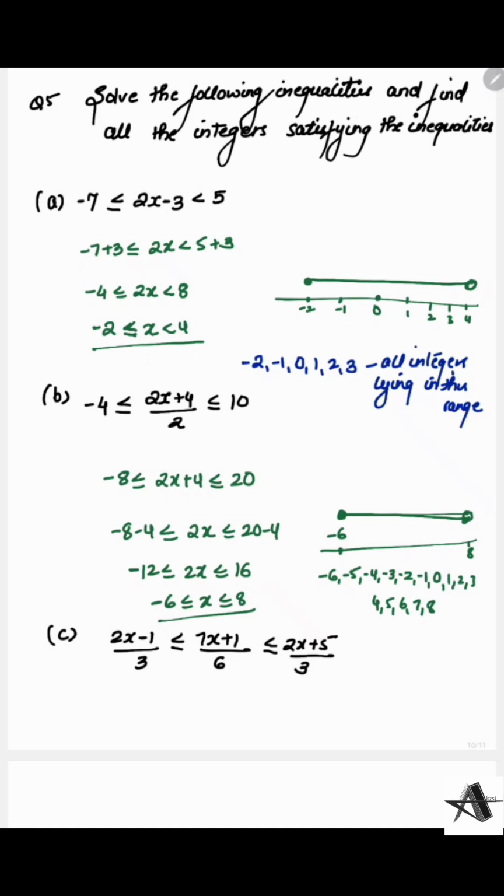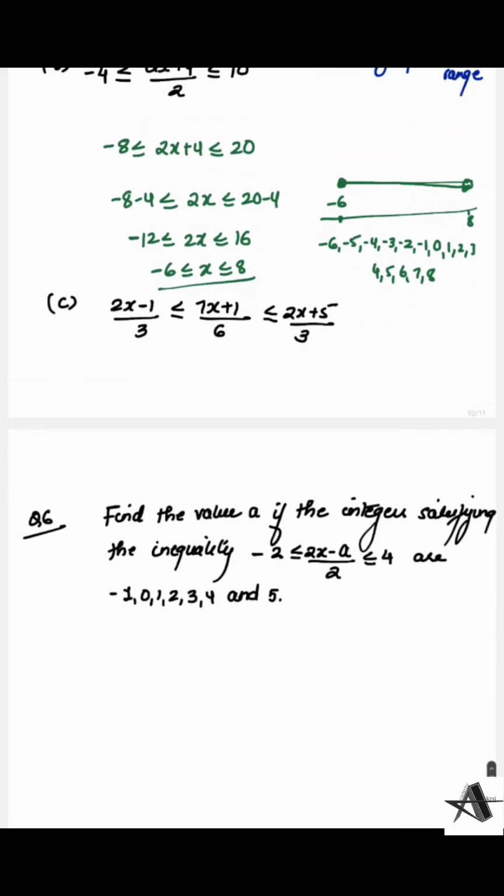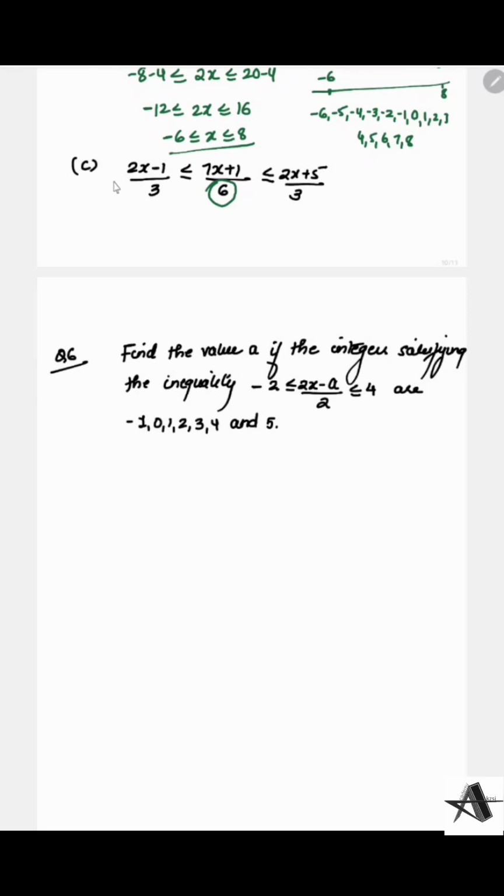Now see this one, and here all the values have x in between. So my first aim is to remove the denominator. So let me multiply with the highest value that is there in the denominator, which is 6. Only look at the denominator. So the highest one is 6. So we need to multiply by 6 on all the sides.